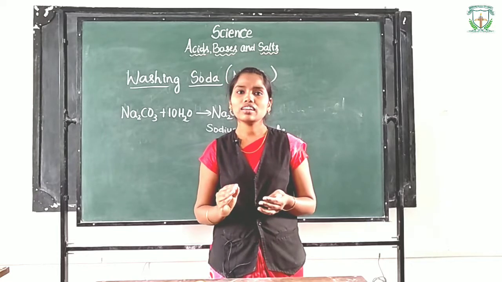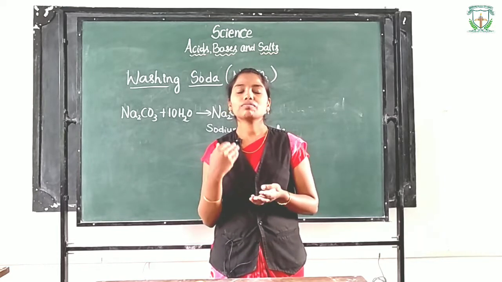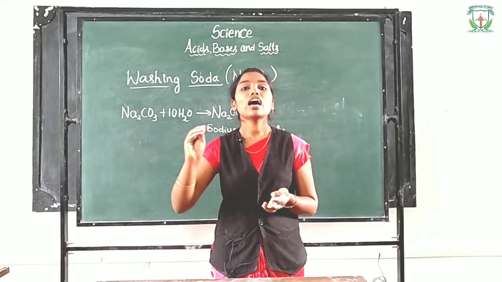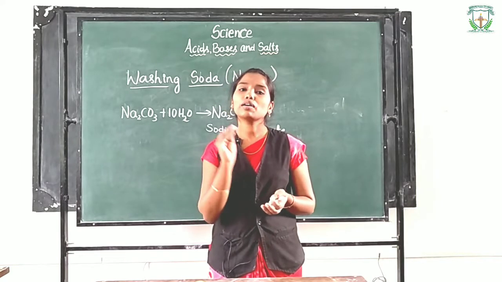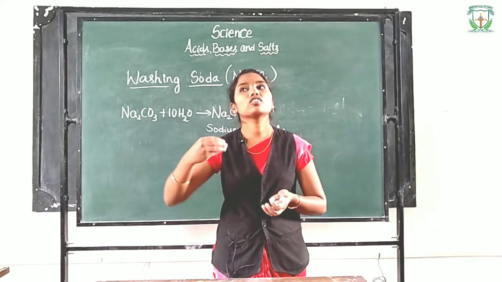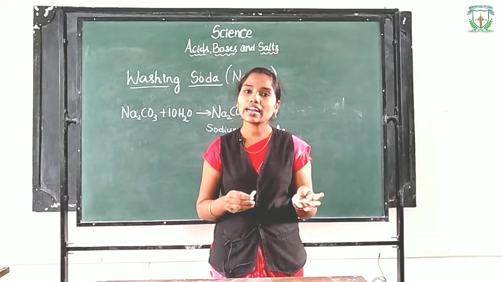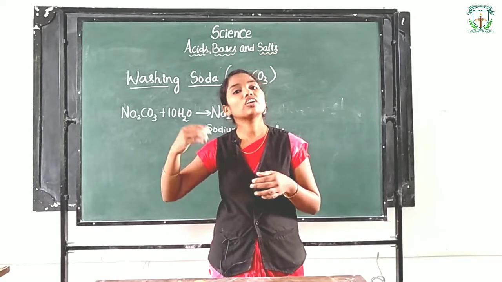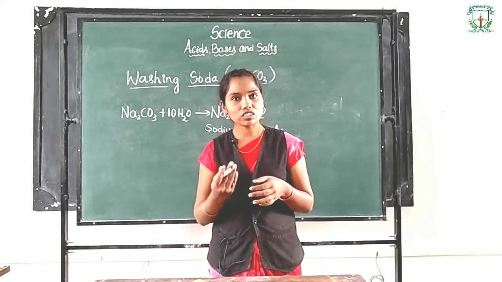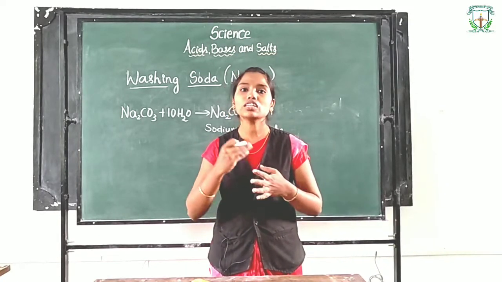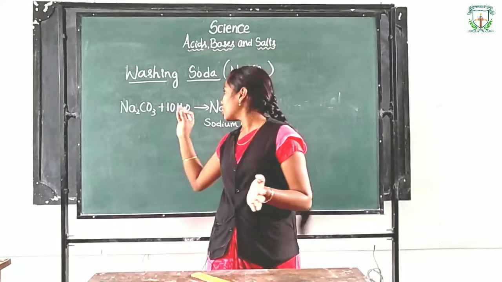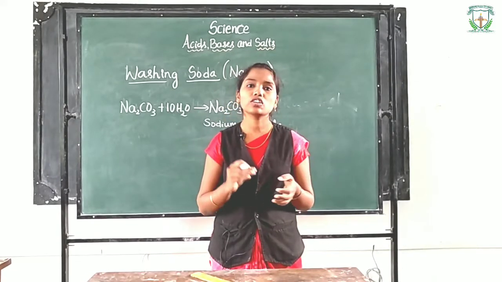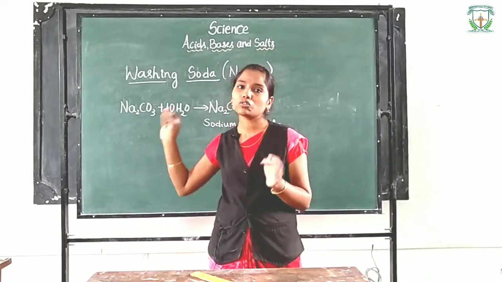Children, what is this permanent hardness of water? It is caused by chloride and sulfate salts. Sodium carbonate reacts with these chloride and sulfate salts and converts them into insoluble salts. In this way, the permanent hardness of water is removed by washing soda.